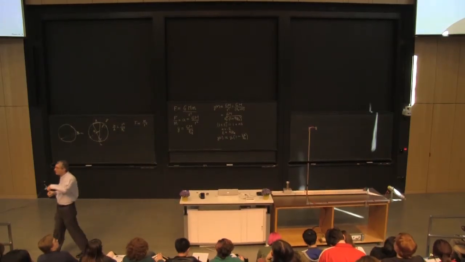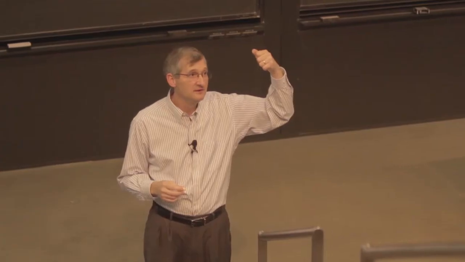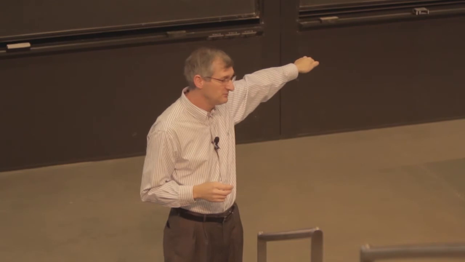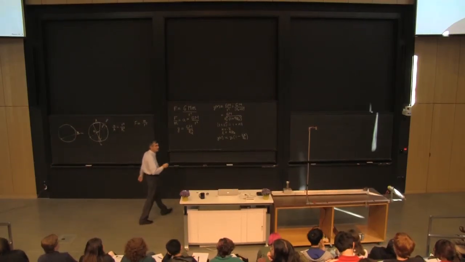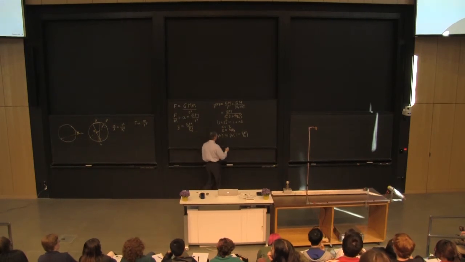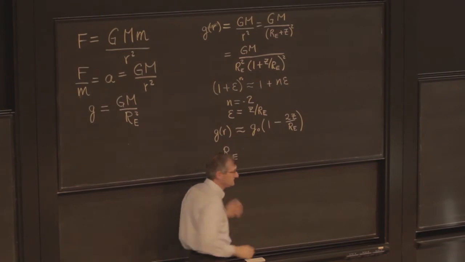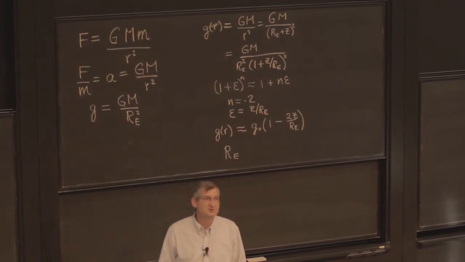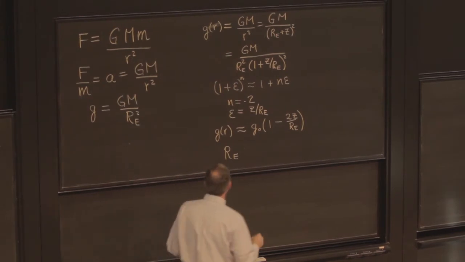So if you don't go up very far compared to the radius of the Earth, your correction would be very modest. Anyone happen to know the radius of the Earth? The solid bits, or the ocean bits. Yeah.